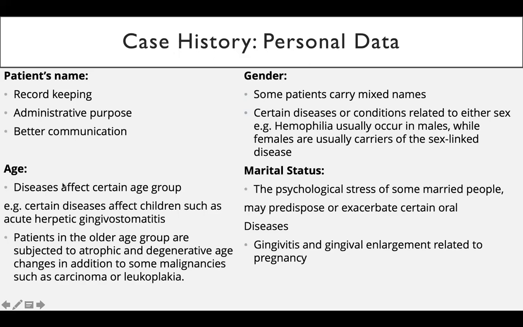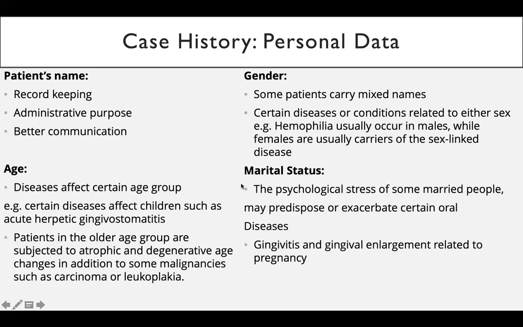And then we have age, because certain age groups have certain diseases. And then marital status, because we need to know the psychological stress of some married people. They may predispose to or exacerbate certain oral diseases. For example, gingivitis and gingival enlargement related to pregnancy.